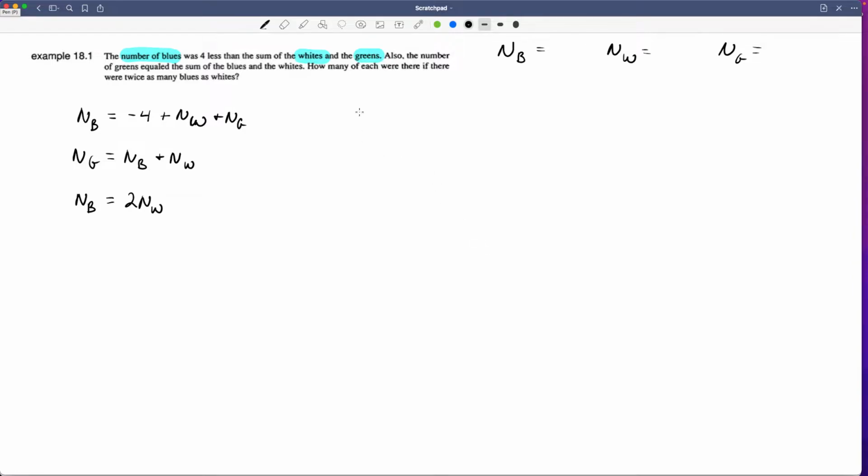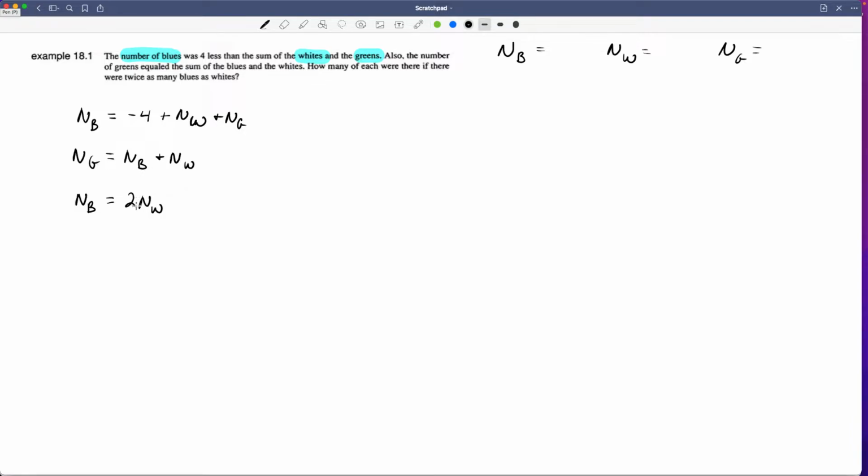So let's put this in some type of sense by seeing what we can substitute. So I see here that I have the number of blues in one term. So I think that's what I'm going to use to substitute here and here. So let's find the number of greens first.